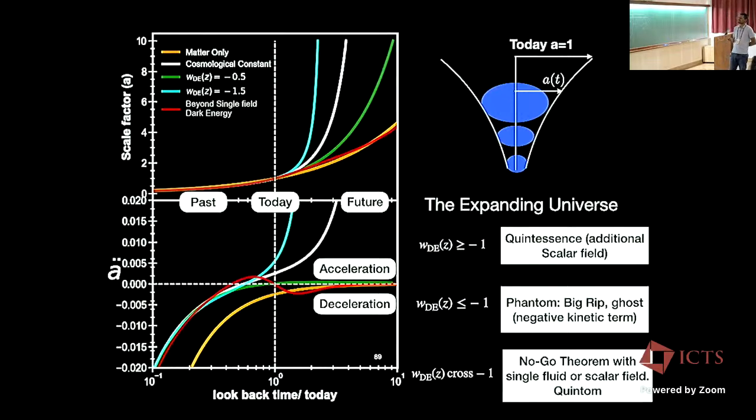And the best fit model for DESI, which is shown as the red line, in terms of scale factor, is actually very close to matter-only, if you just don't pay attention to the details. But if you look at this double derivative, you see that it transitioned to an accelerating universe earlier than the cosmological constant.